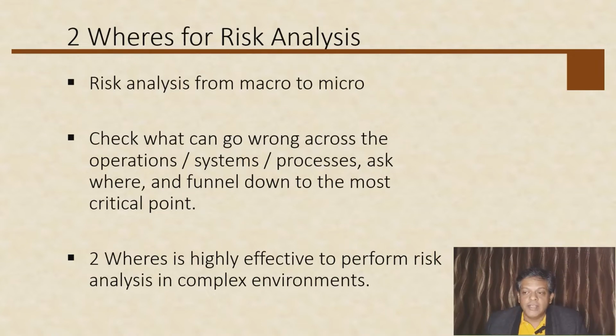What you need to do here is check what can go wrong across your operations, your systems and your processes. Ask where, and remember that you have to ask it just twice. I'll tell you how to go about it, and funnel down to the most critical or vulnerable point in your operations.